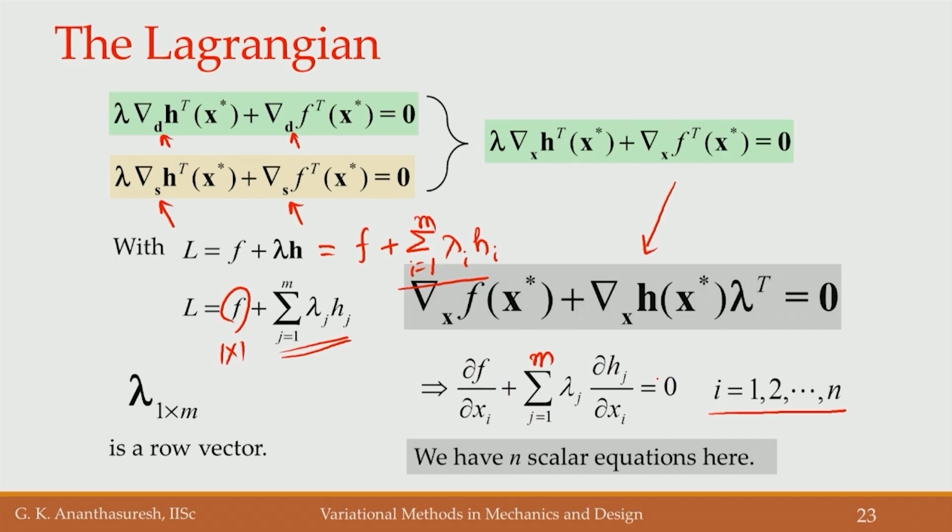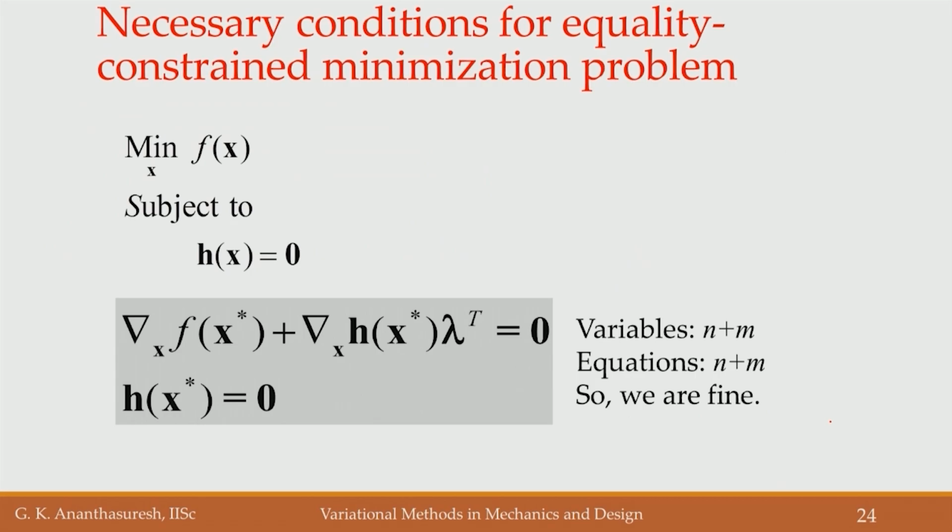Here again we have to count how many equations we have. Here we have i equal to 1 to n. These were n minus m, these were m, put together we get a total of n. So, we have n equations in n unknowns. The unknowns are x1, x2, x3 up to xn. So, we are fine, we can solve them.